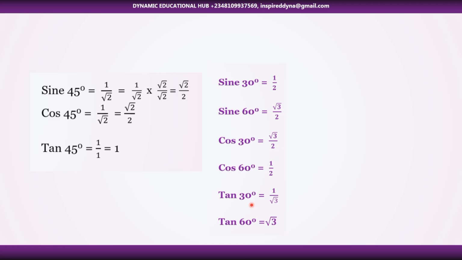These values are important for us. We must know these values when we start solving questions under trigonometry. So we are still going to solve a lot of questions. Mind you, these are just the beginning, the basics of trigonometry. So we will be needing all these to solve a lot of questions, even in physics as well. So make sure you know all these things.